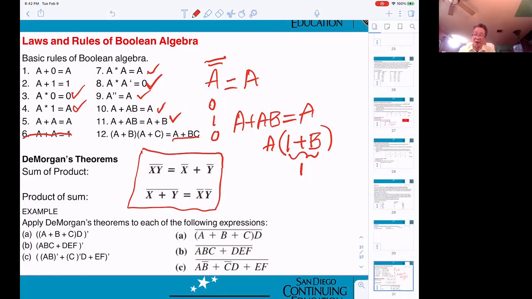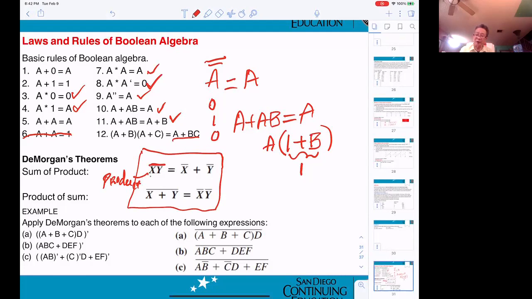When you get a not XY, that's what they call a product. The thing is X times Y, that means product. And then you want to break out that bar over here. What you need to do?